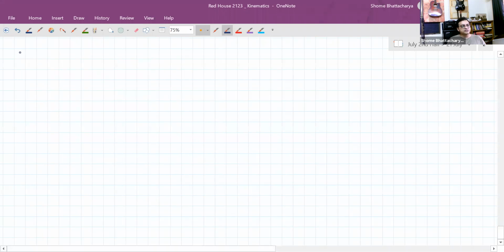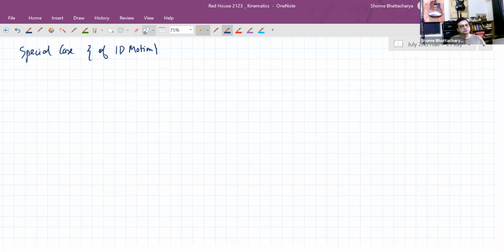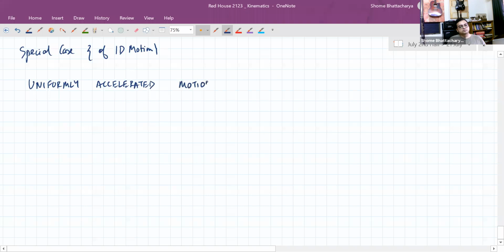Now let's move on to a special case of 1D motion, that is uniformly accelerated motion along a straight line.